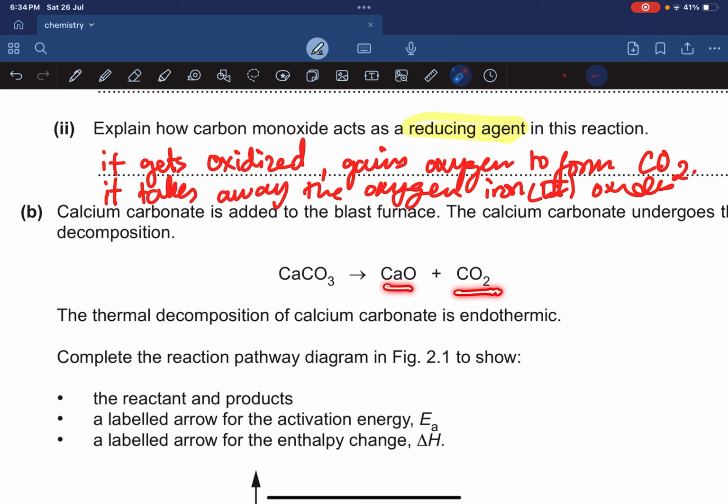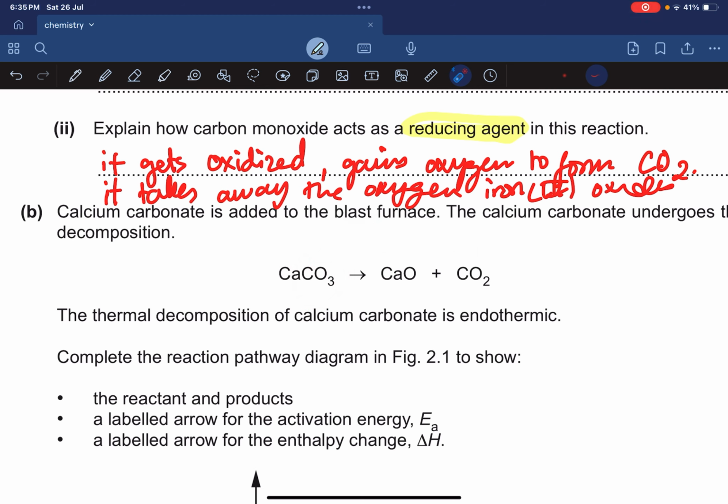But the most reactive ones like potassium, sodium, won't thermally decompose. Why? Because their carbonates are way too stable to get decomposed, because they're extremely reactive metals. Whereas less reactive metals like zinc or iron, their carbonates are going to easily decompose into oxides and carbon dioxide.